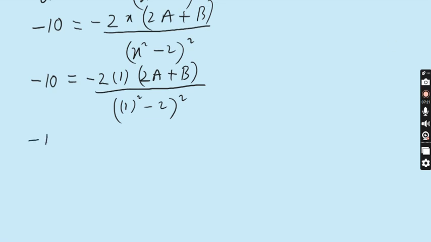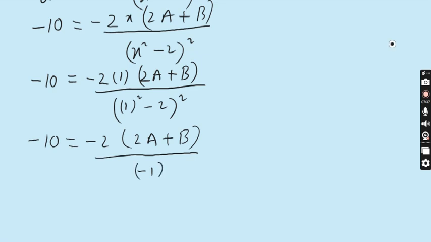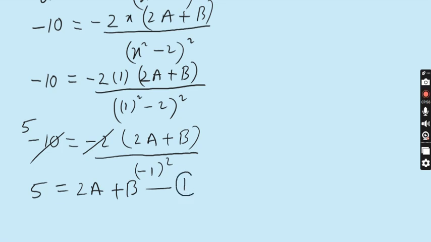Negative 10 is equal to 2 ones are 2, minus 2(2a plus b) upon (1 square is 1, and 1 minus 2 is minus 1) whole square. You can also cancel this: minus 2 into minus 10, that is 5. So 5 is equal to 2a plus b upon minus 1 square, which is plus 1. So this is equation number 1.